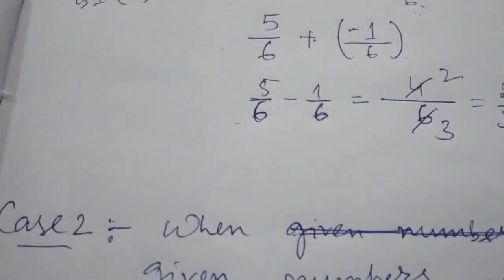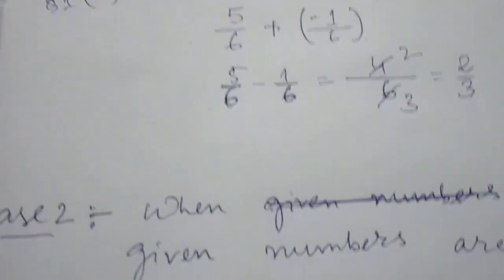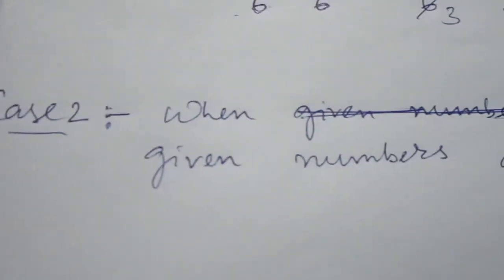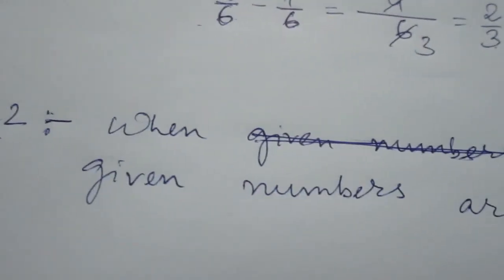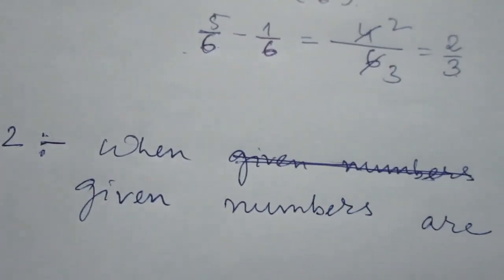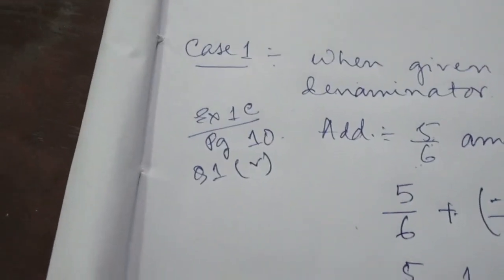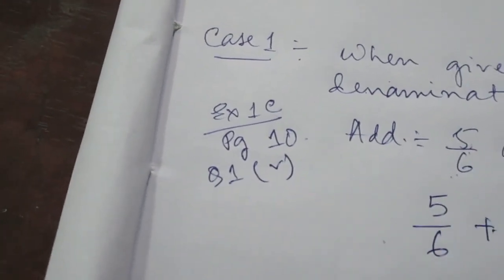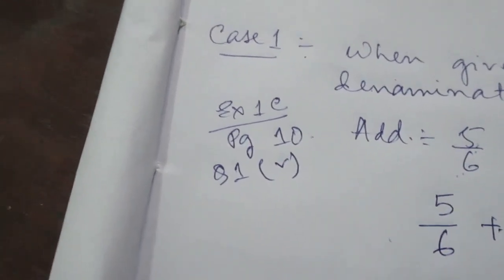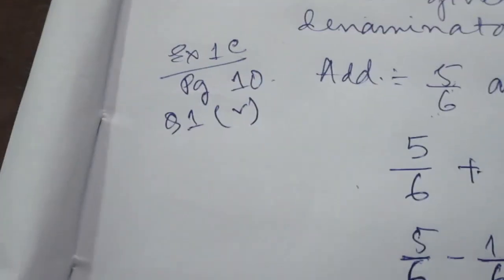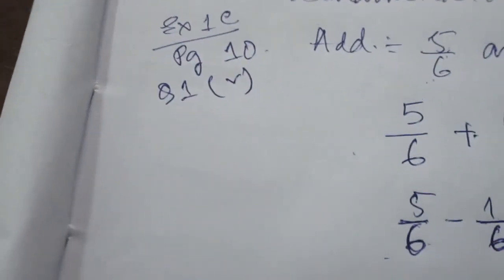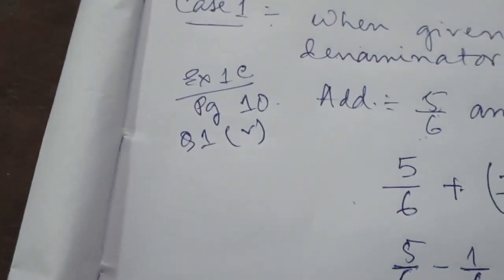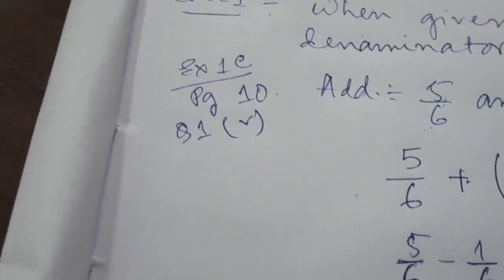So how can we solve it? Let us take an example and then we can go ahead. This time I will take the example from exercise 1C, as I mentioned in the last video. Exercise 1C, page number 10, question number 2, number 5.